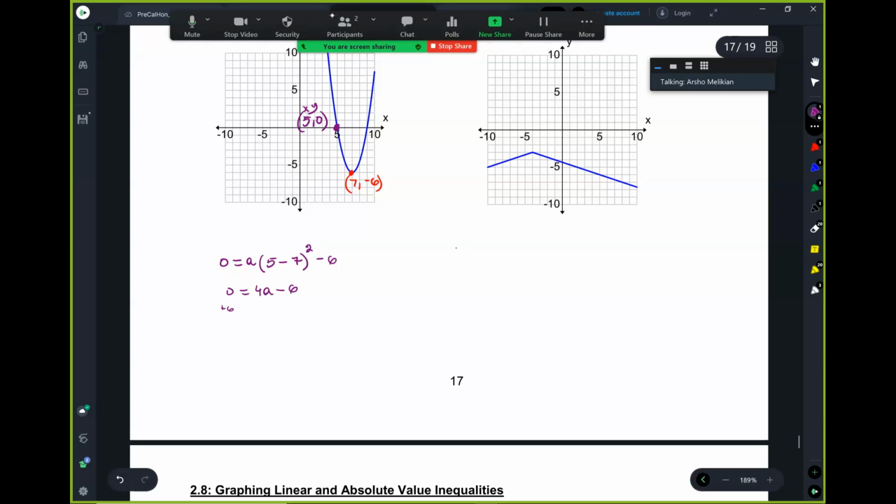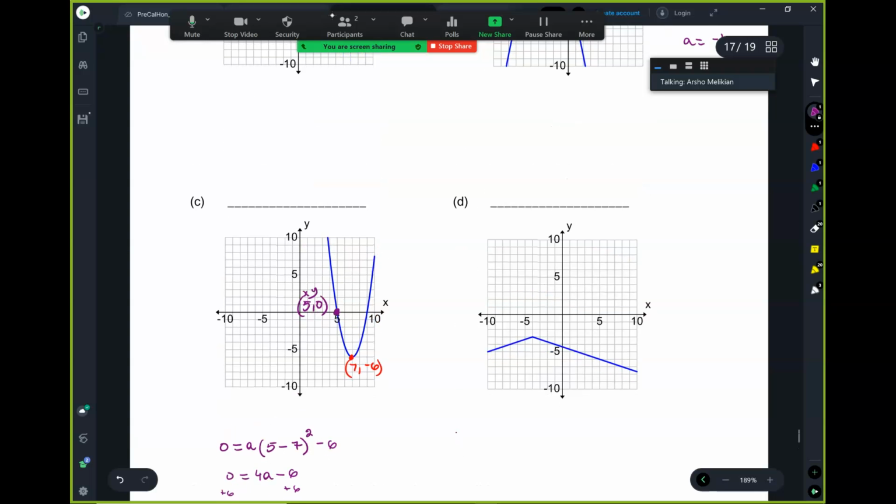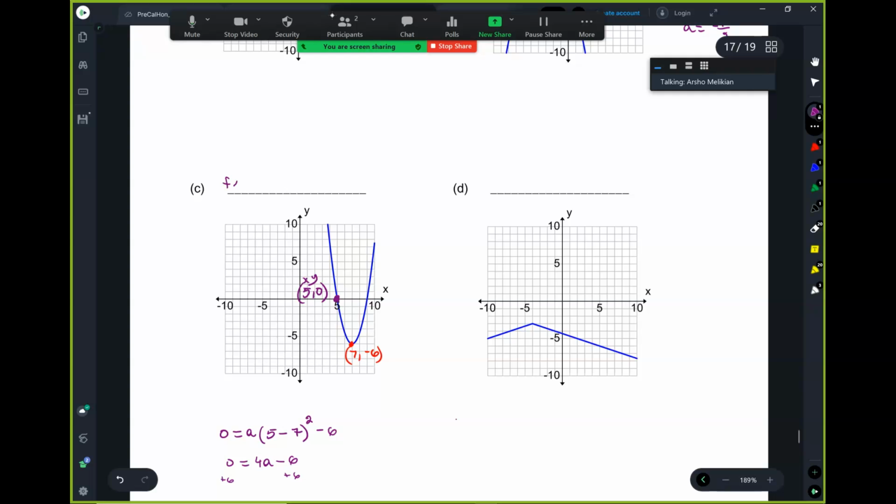Add 6 to both sides. 6 is equal to 4a. Divide by 4. A is equal to 3 over 2. This time it's positive, right? So we get f of x is equal to 3 over 2 (x minus 7) squared minus 6.